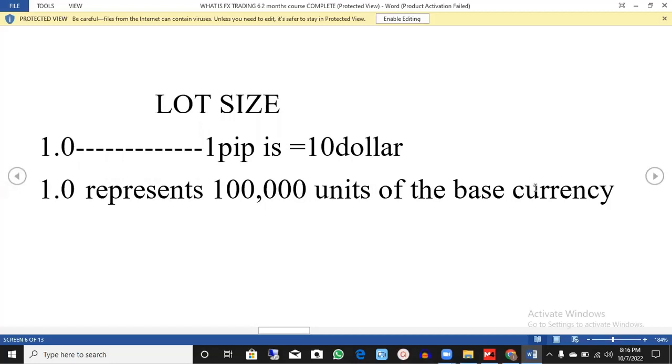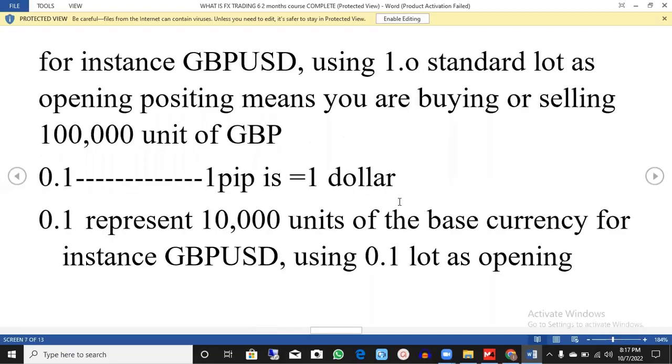So if you click that buy or that sell, you're simply saying, broker, go and buy me 100,000 units of the base currency. Let's give an example. Let's say for GBP USD, GBP is the base currency. So if you're trading with one standard lot, you're telling the broker, please go and buy me 100,000 GBP.